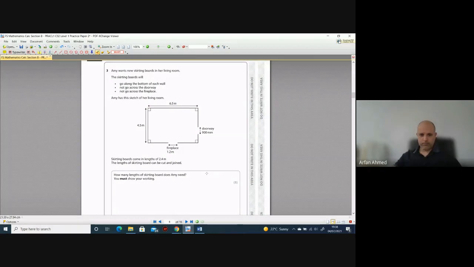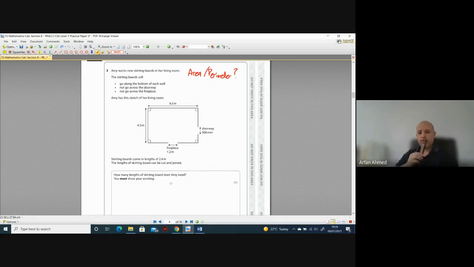Anything to do with diagrams like this or shapes like this, the first thing you should ask yourself is: is this to do with area or perimeter? They're both different. Technically you could have the same shape, and they could be talking about perimeter, or then again they could be talking about area.